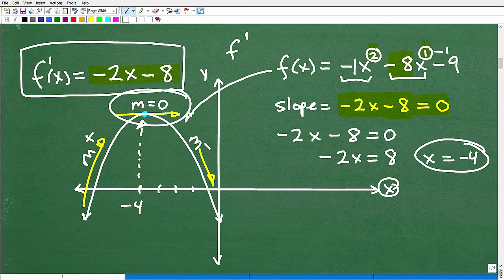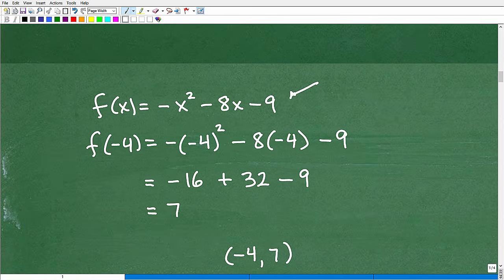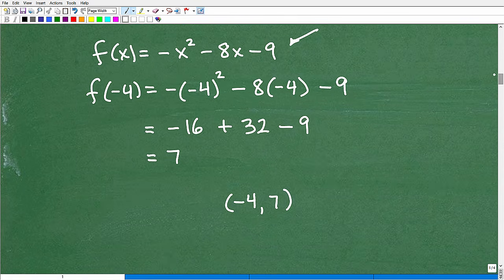And if I wanted to know this exact coordinate, I would just plug in negative 4 into my original function, and I actually just did that right here. Let's plug in negative 4 into our original function to find out what the y coordinate is. And when I do that, you can see here, I'm plugging in very precisely negative 4. I do all the math, and f of negative 4 for this function is 7.